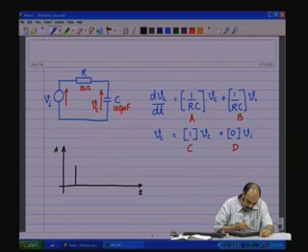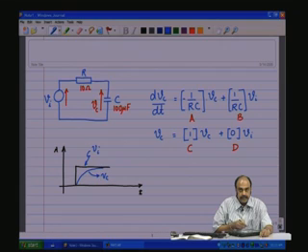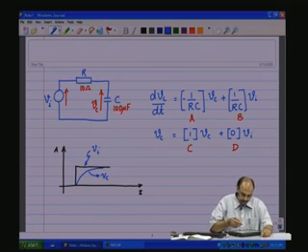We give an input Vi, which is a step, and if a step input is given, what happens to the output? This is what we need to study. So, output in this case is Vc and this is Vi. This is called the step response, and from this we can study various characteristics which we will look at later on.